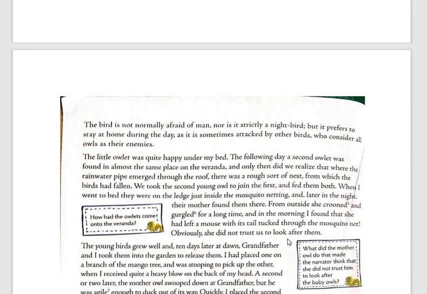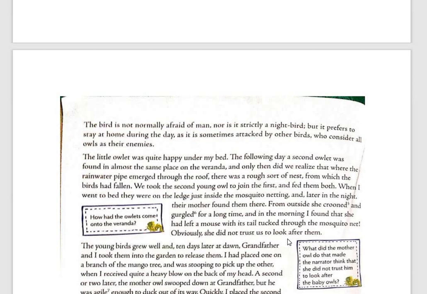Next, the bird is not normally afraid of man, nor is it strictly a night bird. So the narrator is again giving the description of its characteristic traits. He is telling that the bird is not normally afraid of a man.